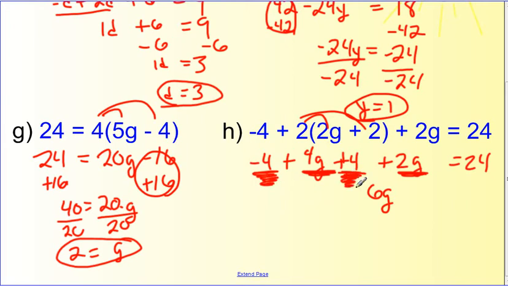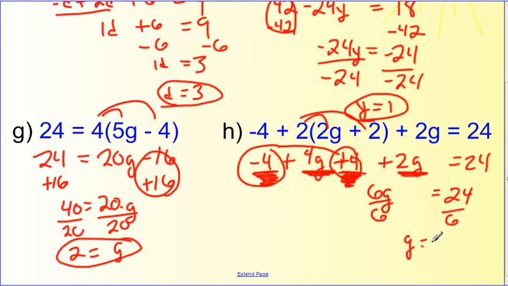What's plus 4 and minus 4 give you? 0. So you could really say, if you really wanted to, plus 0, but what's the point? There's no point in doing plus 0. It's just 6g equals 24. So when we were combining like terms, this guy here and that guy there canceled out. Now we divide by 6, g equals 4.